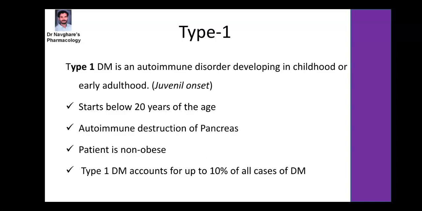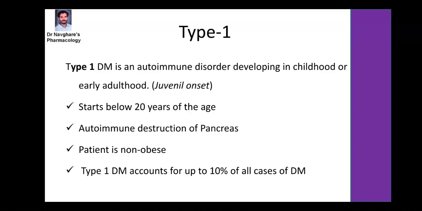So, type 1 diabetes. Type 1 diabetes is an autoimmune disorder developing in childhood or in early adulthood. That's why it is called juvenile onset. Type 1 starts below 20 years of age. It is autoimmune.